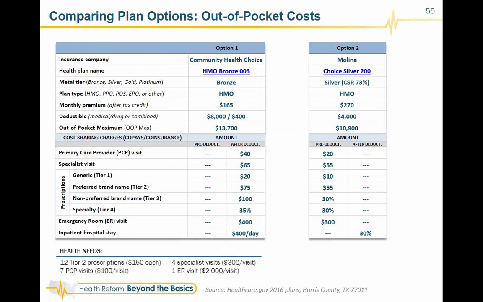So let's look at the breakdown of out-of-pocket costs for each health plan based on Jason and Michelle's health needs from last year. For Plan A, none of the costs of the services are covered by the plan before Jason and Michelle hit their deductible. So they end up paying the full cost for the doctor visits, the specialist visits, and the ER visit. The plan does have a separate drug deductible of $400, so they do hit that amount, and then they only need to pay a copay for the remaining months of that prescription.